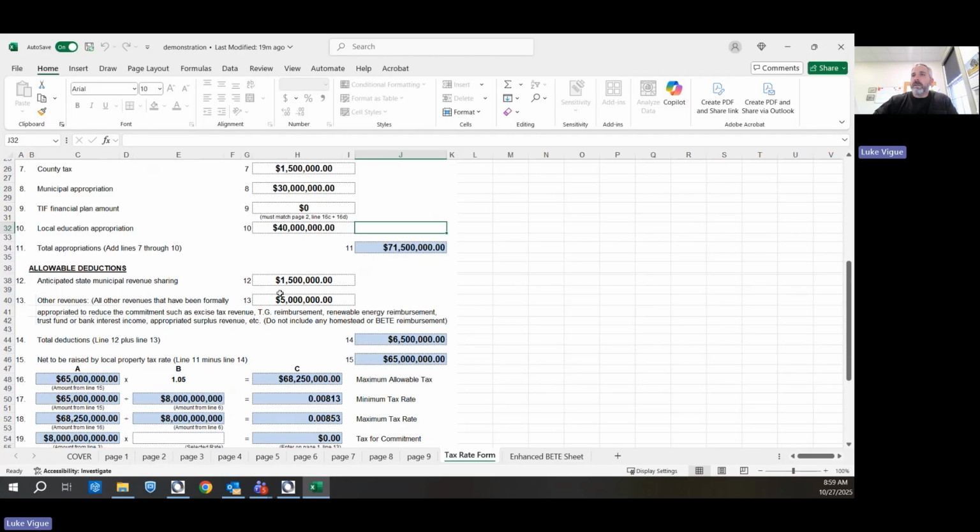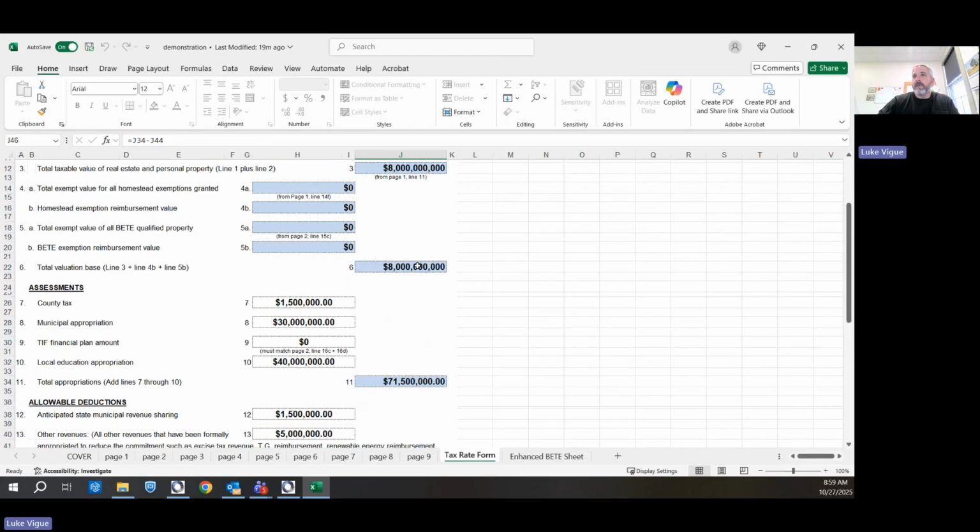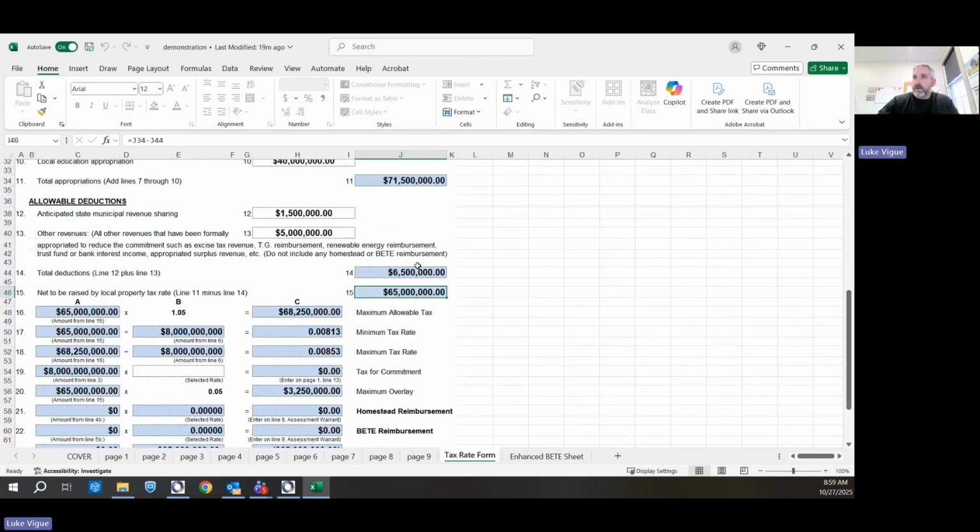And you subtract that 6.5 million from the 71,500,000 that you need to operate for the town, you end up with $65 million that we need to raise by property tax. The tax rate is then calculated. It is a simple math problem. You take the 65 million that you need to raise and you divide it by the total taxable value of town, which is 8 billion.